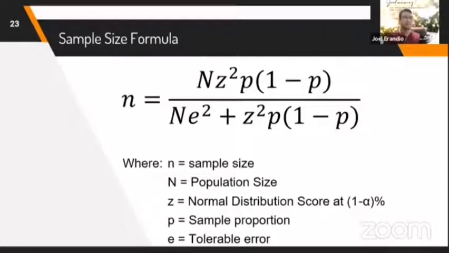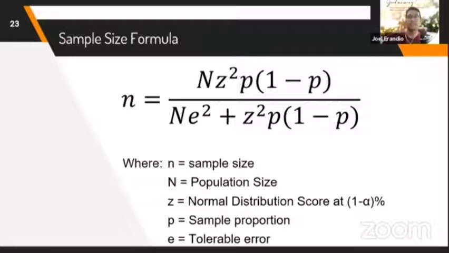This is very important. Actually, the Slovin's formula originated from this. So paano siya nag-arrive sa Slovin? Medyo mahaba po, medyo technical na po yung pag ipapakita pa natin yung derivation. But yung essence is the Slovin, nag-originate po siya dito. So ano yung kaibahan ng Slovin and then the SRS sample size determination?